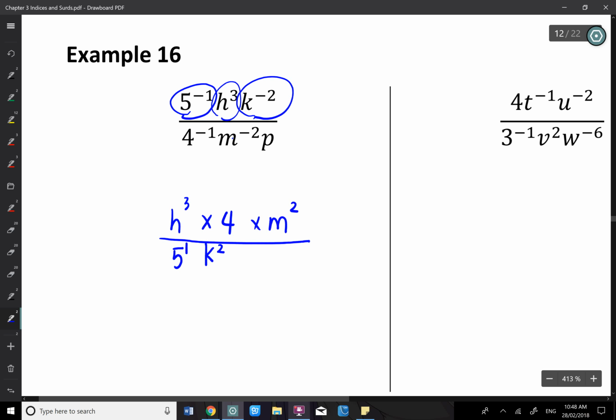And this p here is perfectly fine, so you just make the p stay there. So what you have is 4h^3m^2 over 5k^2 times p. So when you meet the negative power, you just swap them.